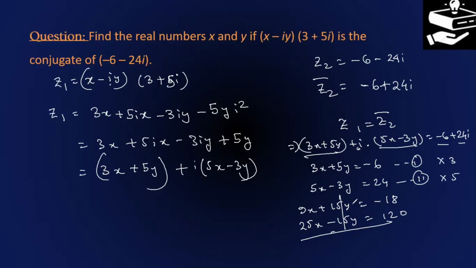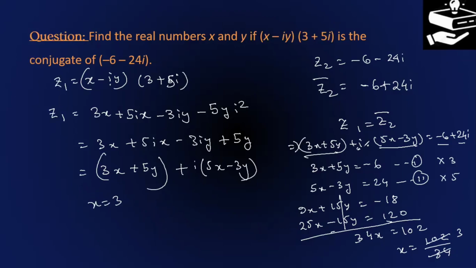So 34x is equal to 120 minus 18, which is 102. So if we solve this, x is equal to 102 over 34. 34 3s are 102. So x is equal to 3.